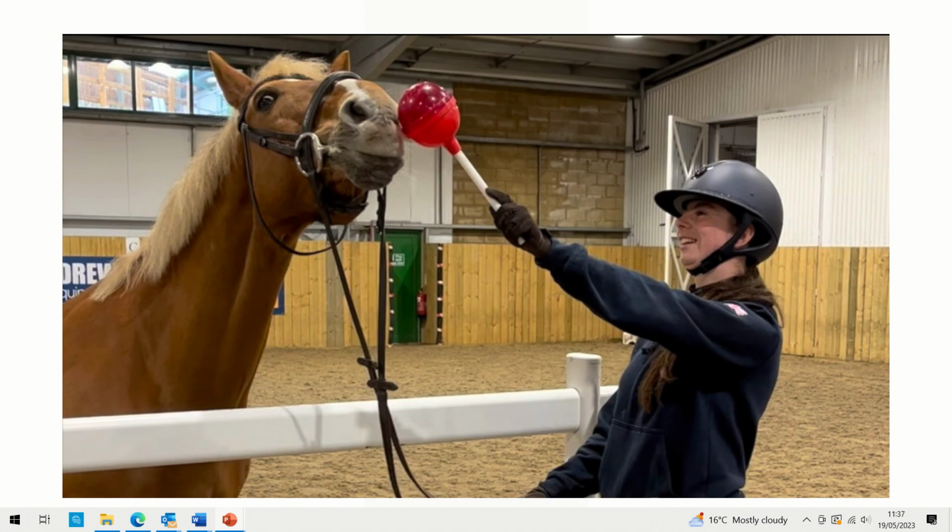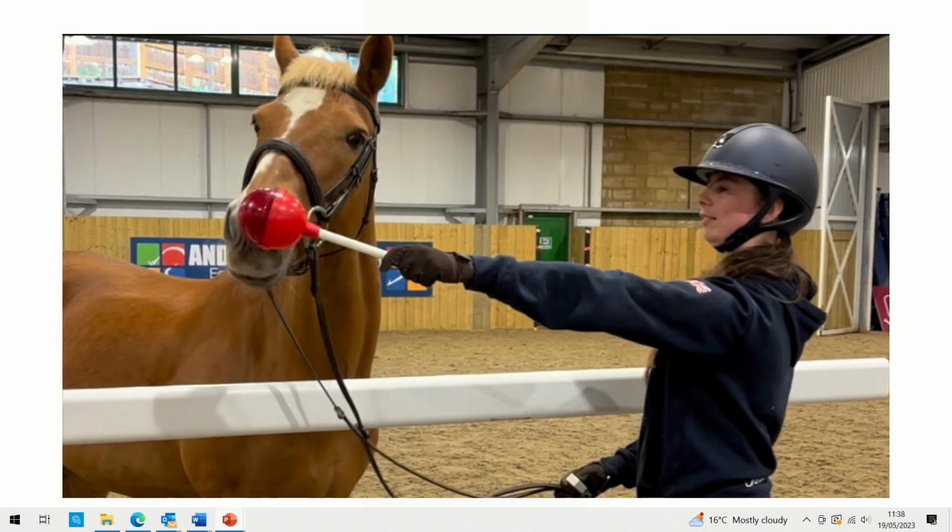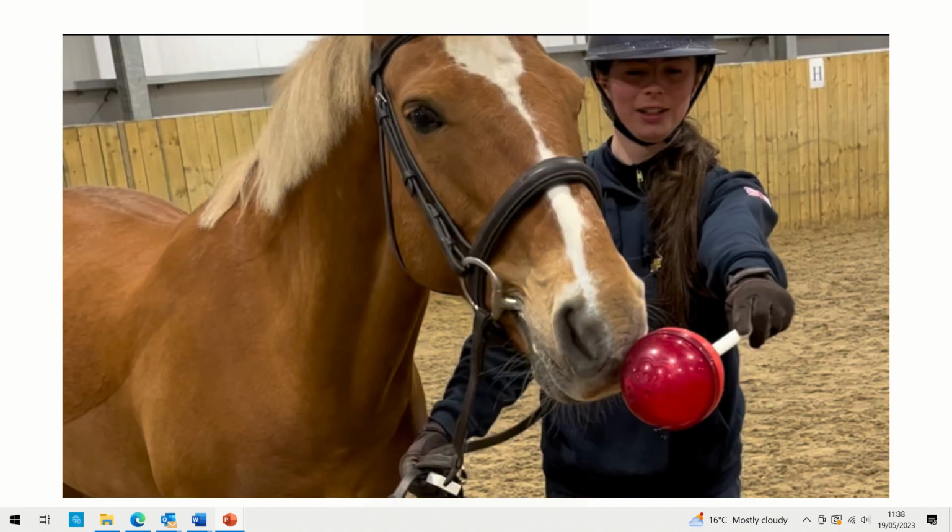During the earlier training, it would be useful to keep the same so that the horse can associate, and it helps their learning. But as they develop and get a better understanding of the target training, it would be good to introduce different objects as the target.